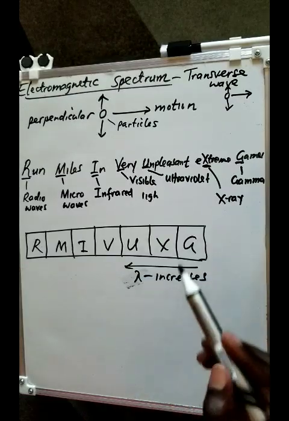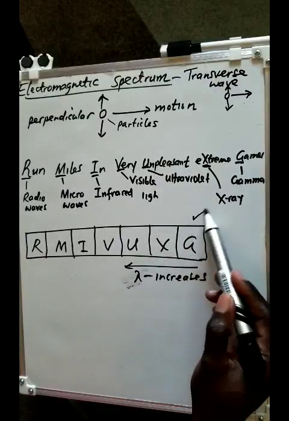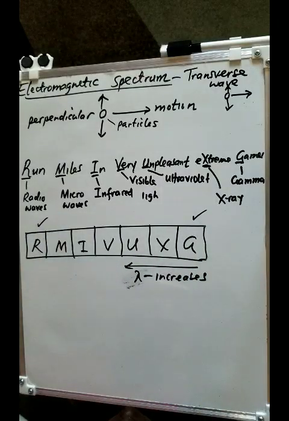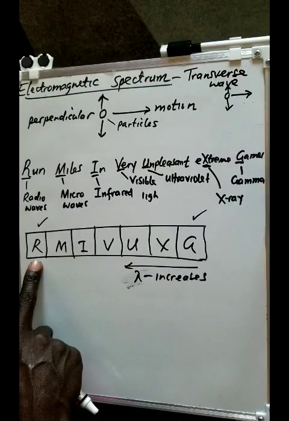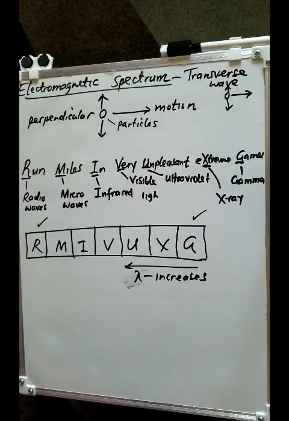So if I ask you which one has the longest wavelength between gamma rays and radio waves, obviously radio waves are going to have a longer wavelength, because as you go in that direction, the wavelength increases.